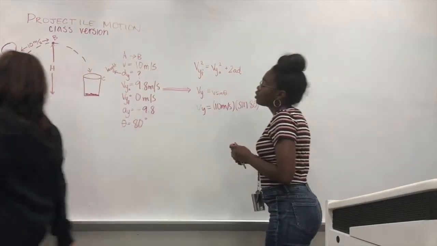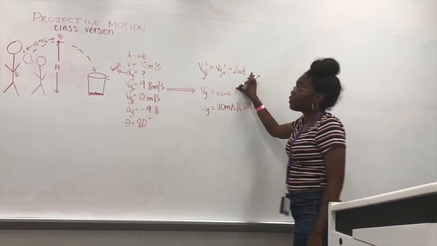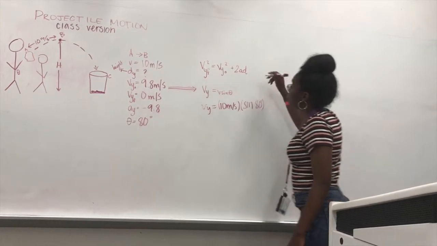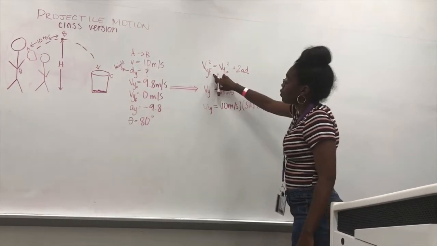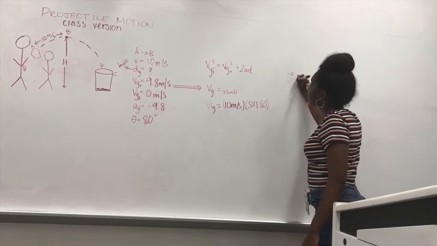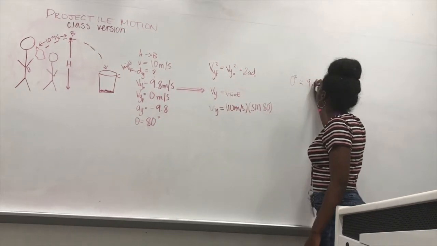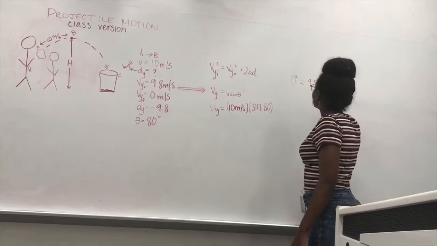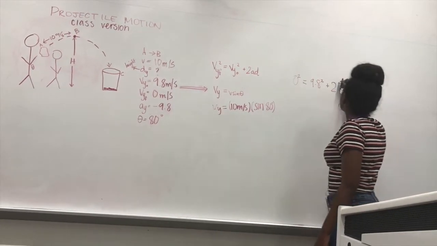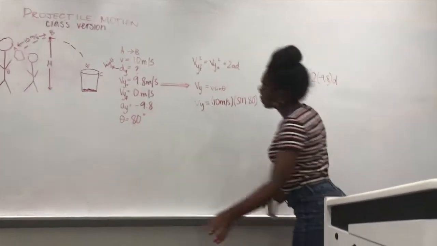Now that we have all of the given variables, we're going to plug them into this equation to find the maximum height. So you have the Vy final, which is 0, equals Vy initial, which is 9.8 squared, plus 2 times the acceleration, which is negative 9.8, and then you're solving for d.